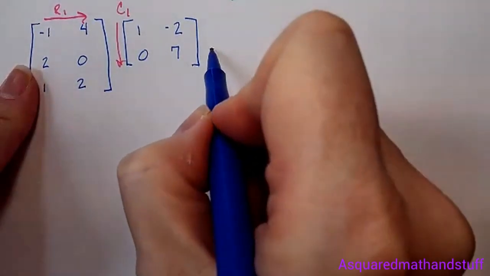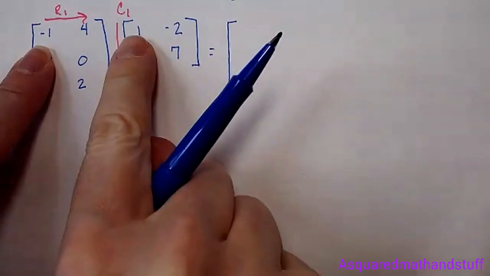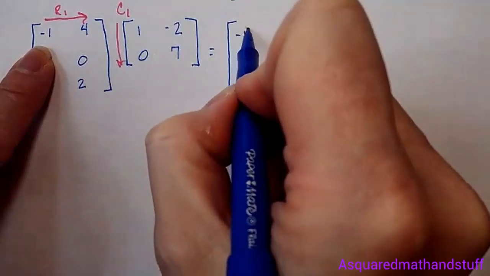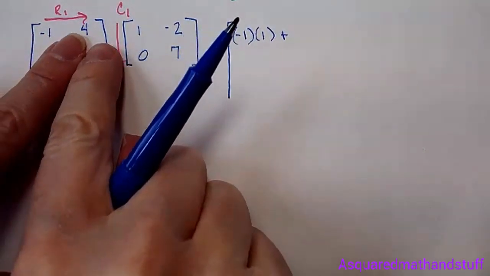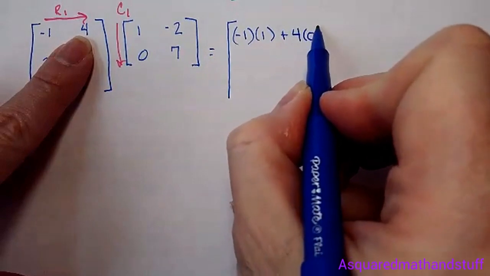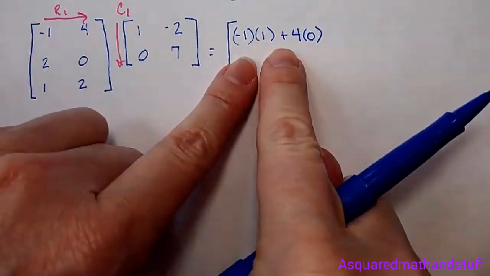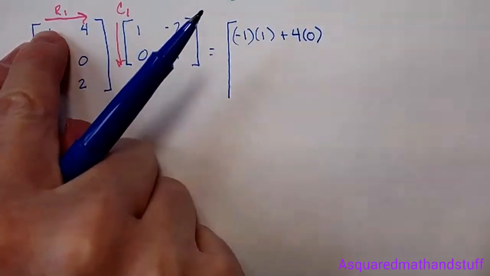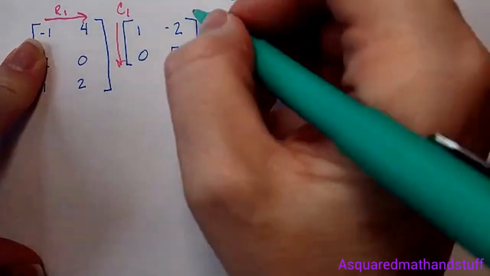That gives us -1 times 1 plus across to the 4 and down to the 0, 4 times 0. So that's our row 1, column 1 position. I'm now going to go across row 1 and then down column 2.